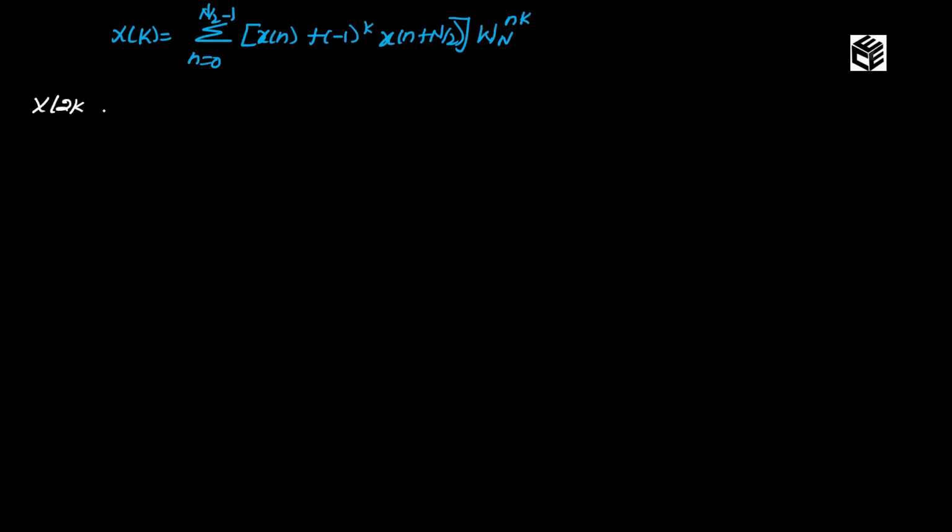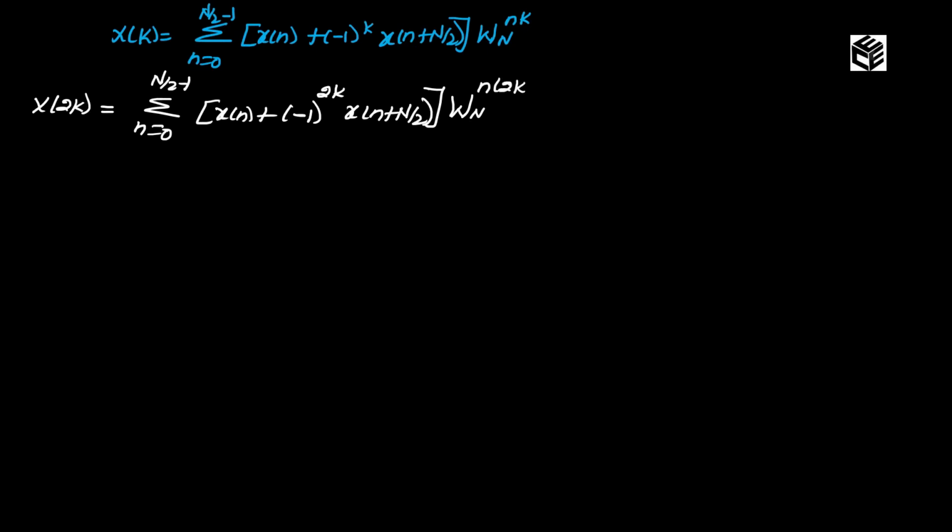So my X(2k) will be equal to summation n = 0 to N/2 - 1 of x(n) + (-1)^{2k}. Wherever there is k, I am going to substitute 2k. x(n + N/2) multiplied by W_N^{n·2k}. Okay.